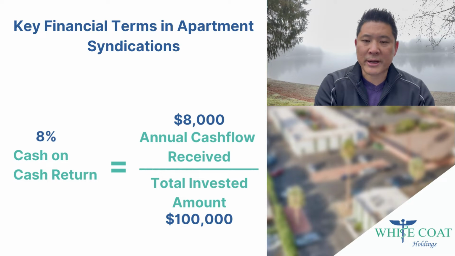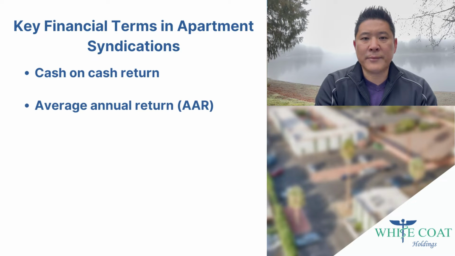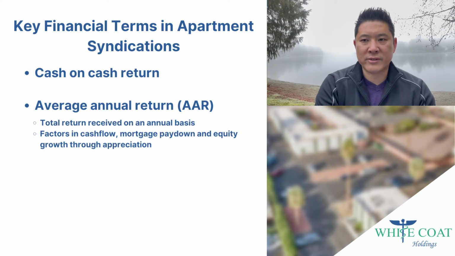The second term on here is average annual return. It's also abbreviated as AAR. An average annual return essentially is the total return that you can expect to receive on an annual basis from the investment. Typically this factors in both cash flow returns, or cash on cash returns like we talked about before, and it also factors in the equity growth from the deal.